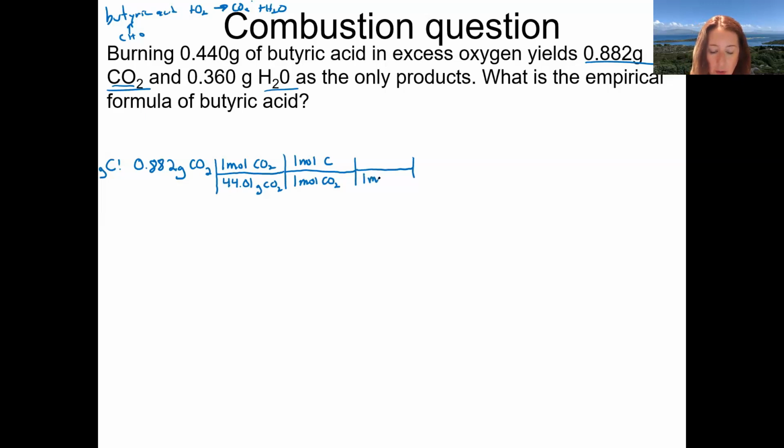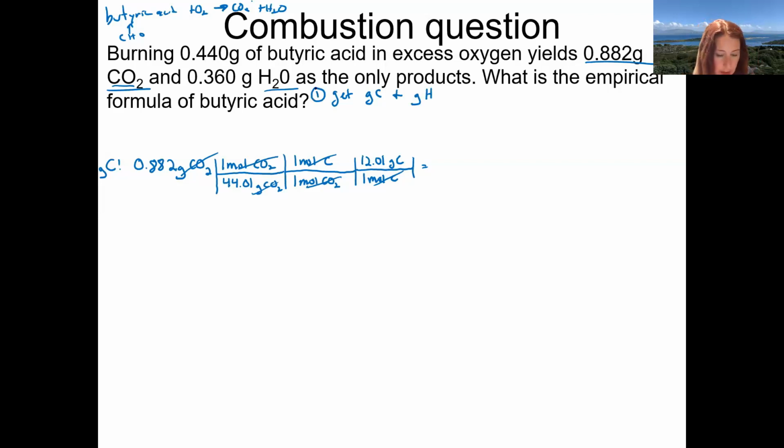In 1 mole of carbon, there's 12.01 grams of carbon. Hopefully we're all okay with this conversion. If not, we'll keep working on it. But the first thing we have to do is get grams of carbon and grams of hydrogen. You're going to see why in a second.